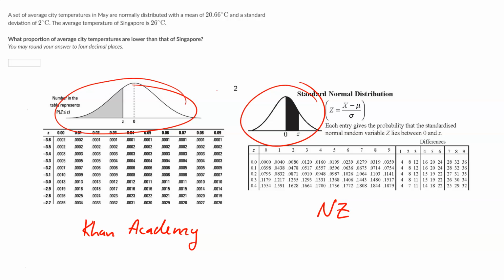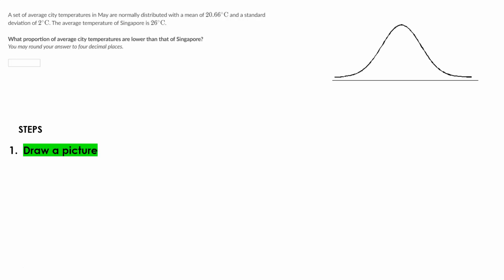The big thing you should have taken from this question is that you've got to rely on the procedure, the four steps I've mentioned, to answer questions like these. So let's take a look. Our first step, as always, is to draw our picture. What do we know?